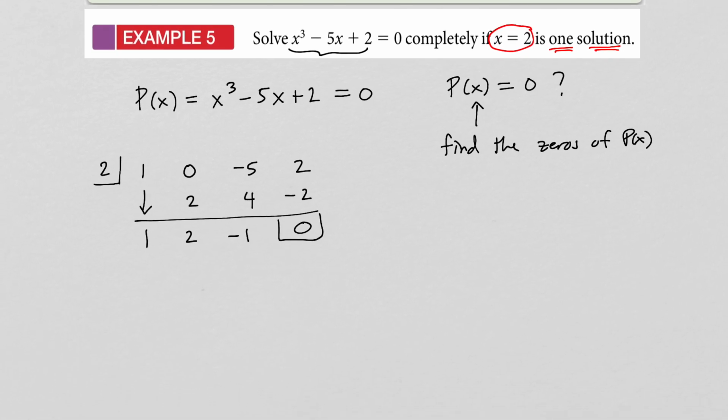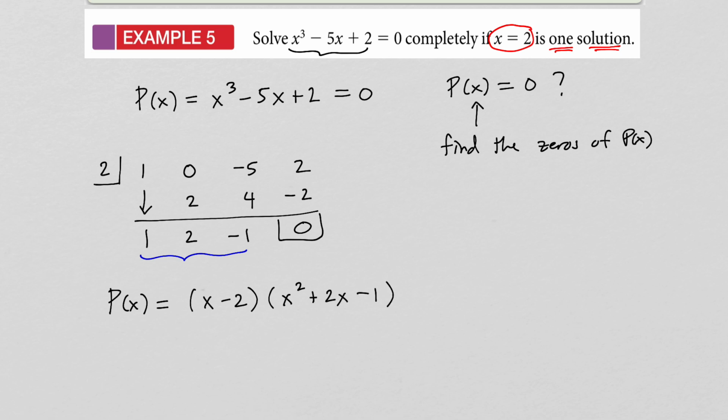Now, what this tells us is that p of x is the polynomial x minus 2 multiplied by what's left over here. Now, keep in mind that this is 1x squared plus 2x minus 1. Okay? So knowing that x equals 2 is a 0 of the polynomial allows us to factor p of x into x minus 2 multiplied by what remains.